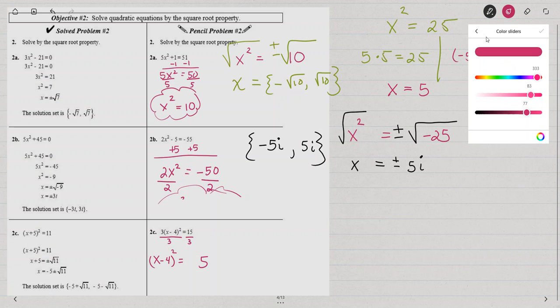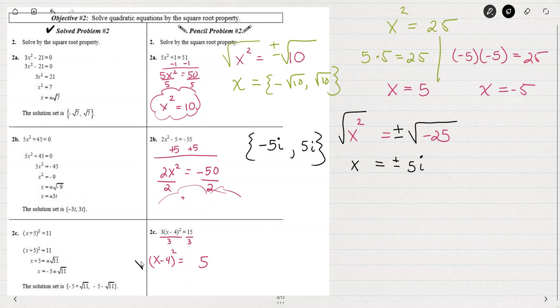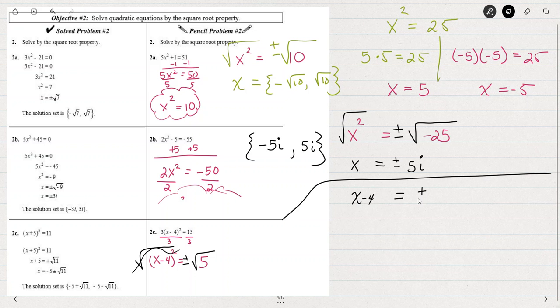And when I do that square root of both sides, I'm going to remember to do the plus or minus square root. When I do that, the square root of x minus 4 squared, that square and square root undo each other. So I'm left with x minus 4 on the left. And then on the right, I have the plus or minus square root of 5.